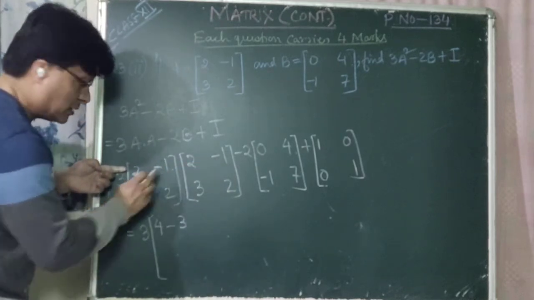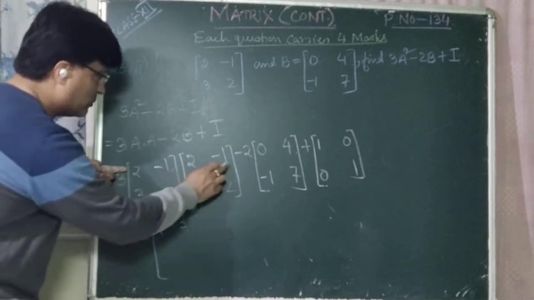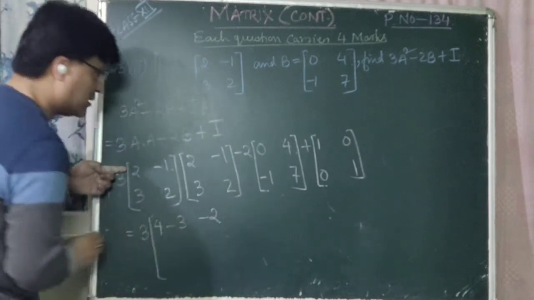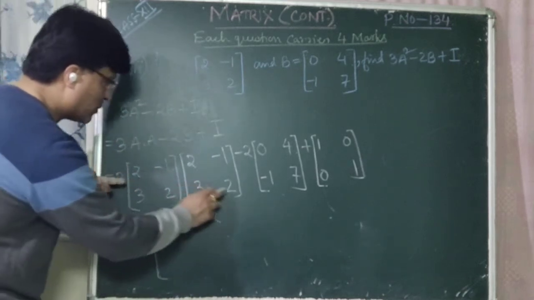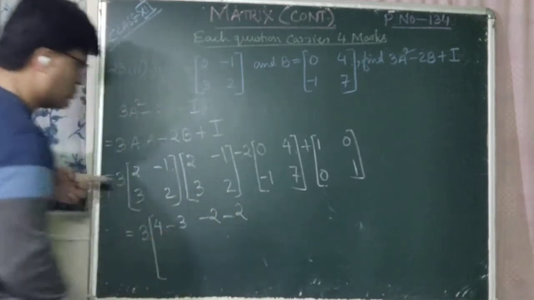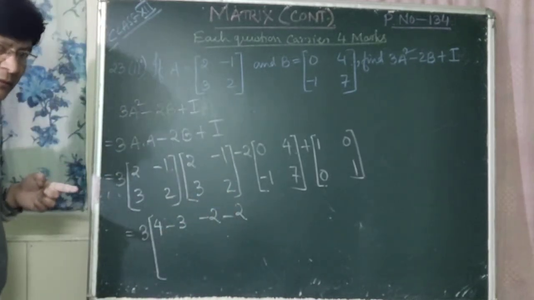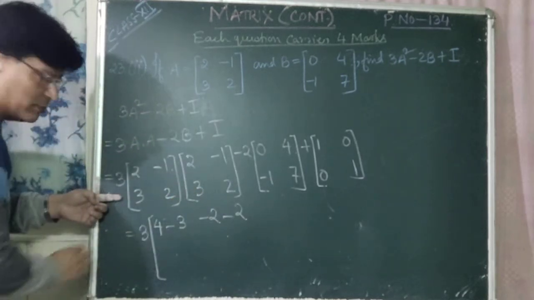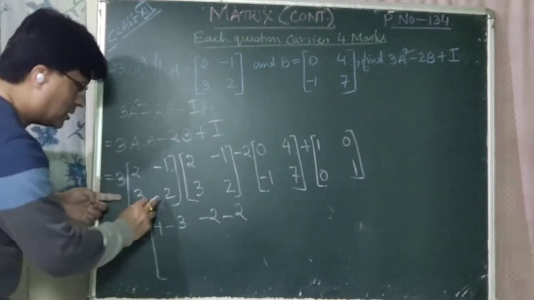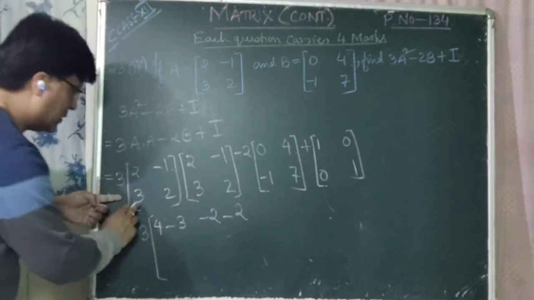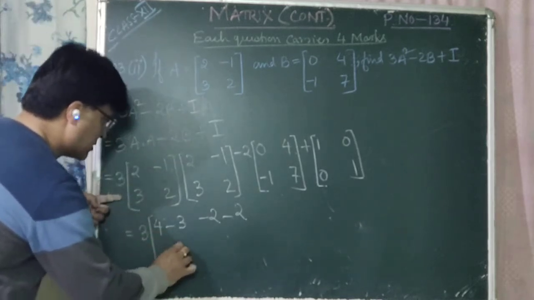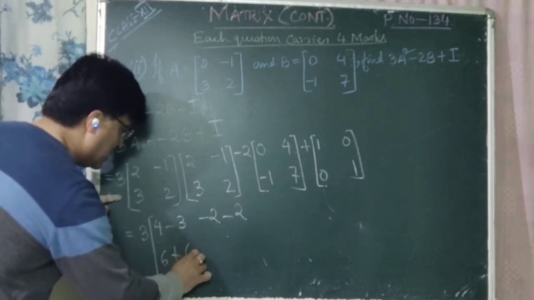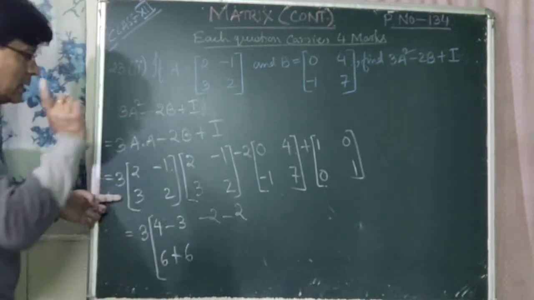Corresponding elements should be multiplied. 2 into minus 1, minus 2. Minus 1 into 2, minus 2. Is that clear? Next, this second row should be multiplied by first column. Corresponding elements should be multiplied. 3 2s are 6 plus 2 3s are 6. Right?